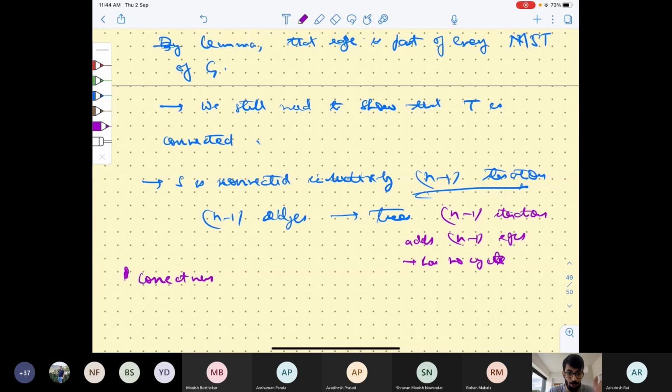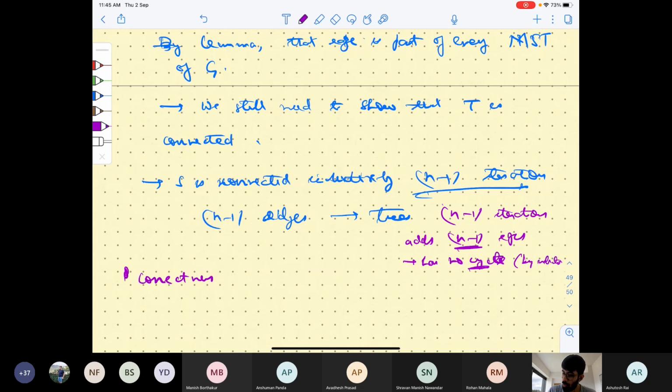Yes, you have to do some induction on the iterations because you are proving the correctness of an iterative algorithm. And it has no cycle, which is also true by the definition of the algorithm. So a graph with n-1 edges and no cycle has to be a tree. Okay, sir.